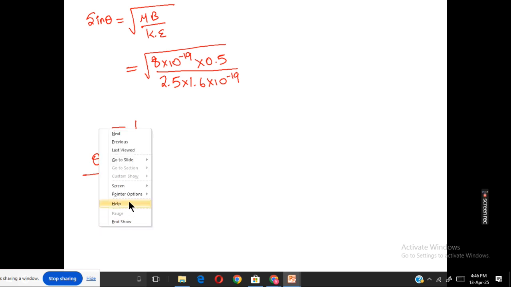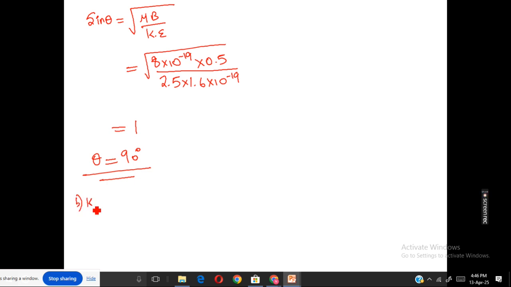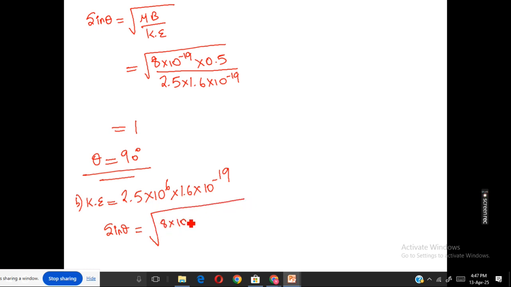So in the second case, when kinetic energy is 2.5 mega electron volt, which is 10 raised to 6 into 1.6 into 10 raised to minus 19, sin theta will be root of 8 into 10 raised to minus 19 into 0.5 divided by 2.5 into 10 raised to 6 into 1.6 into 10 raised to minus 19.